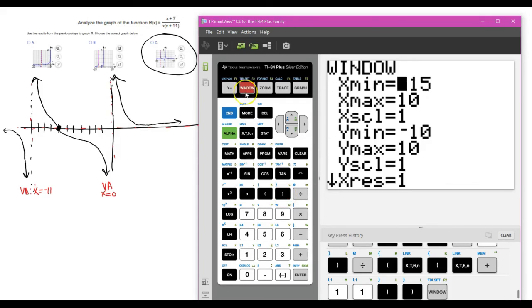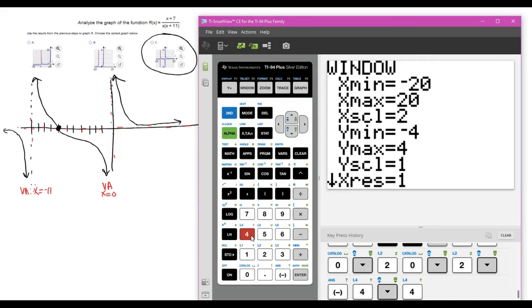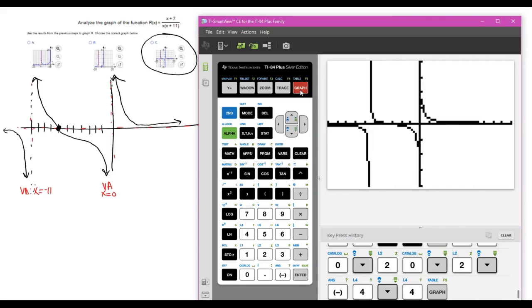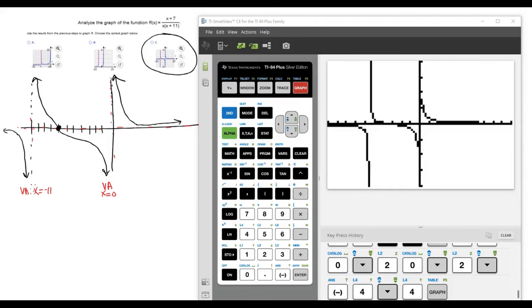I'm going to go to my window and make sure it matches -20 to 20, an x scale of 2, and from -4 to 4, and take a look at that graph. So you can see our picture. Our picture shows the vertical asymptote at -11, the graph crossing the x-axis at -7, and the vertical asymptote at 0.